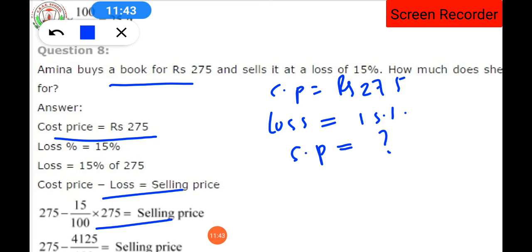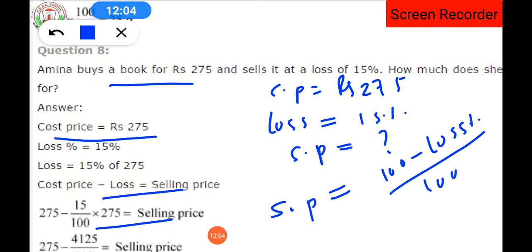First I will tell you the formula method. Selling price, when cost price and loss percent are given: since loss percent is given, 100 minus loss percent upon 100 into CP. This is the formula. Using this formula we are going to calculate.